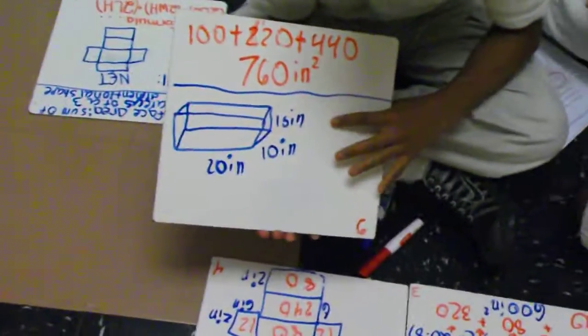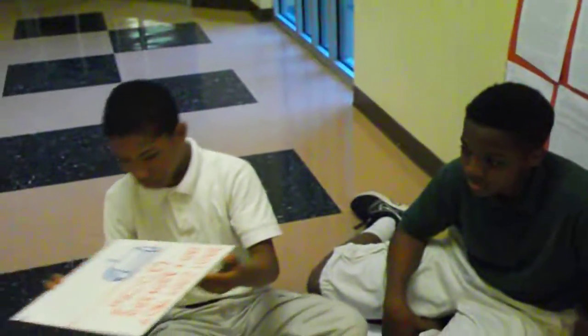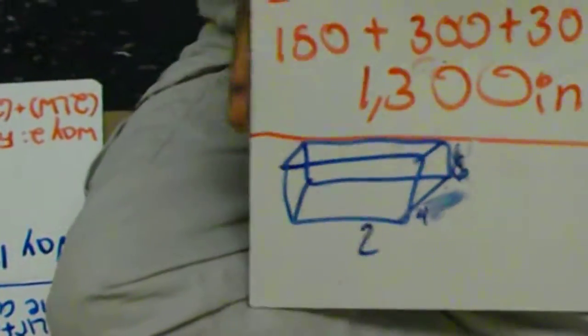15 inches as its height, 10 inches as its width, and 20 inches as its length. Remember to use your formula. Now, just to review, you already know what you'll do in this problem. That problem that I just solved is what you'll do.